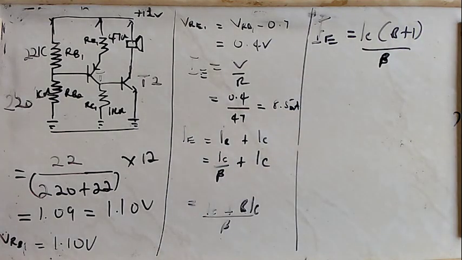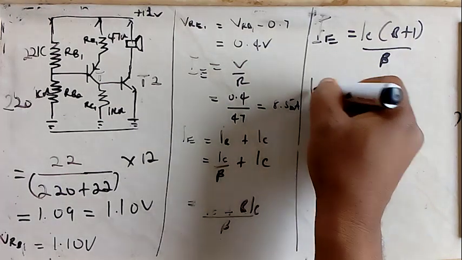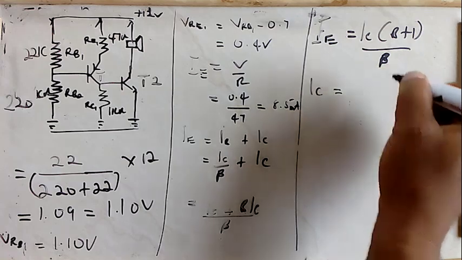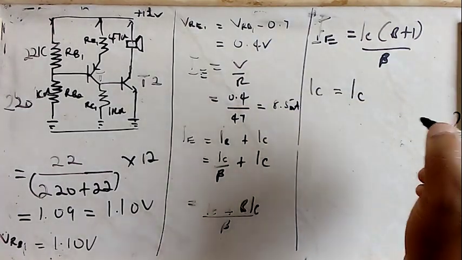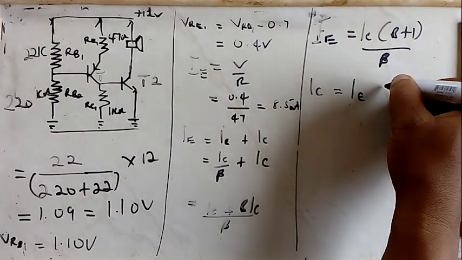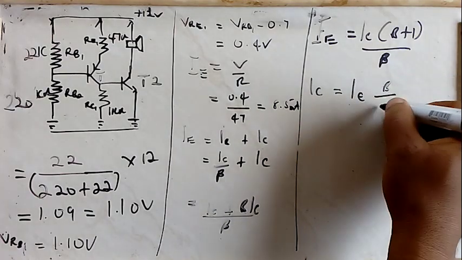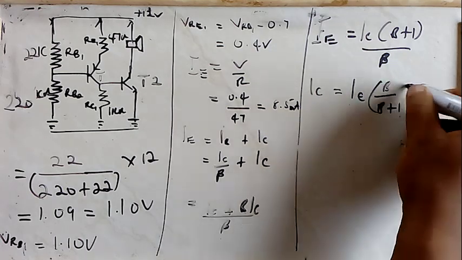Which means that if you want to find the collector current, if you want to make the collector current the subject, it means that collector current, if you are given emitter current, will be equal to emitter current times B over B plus 1, right?